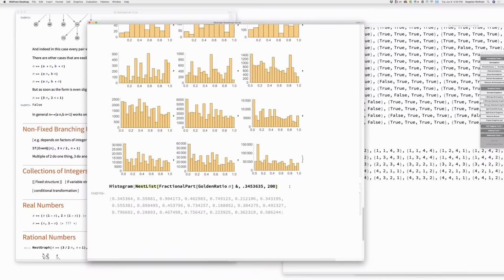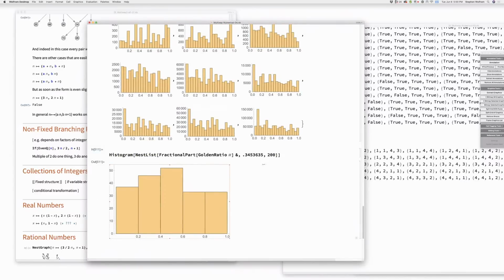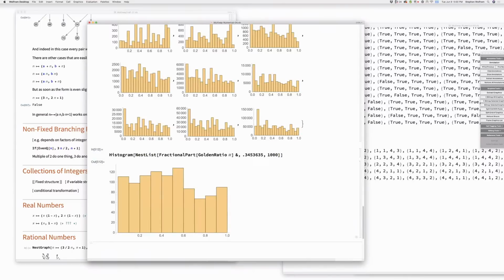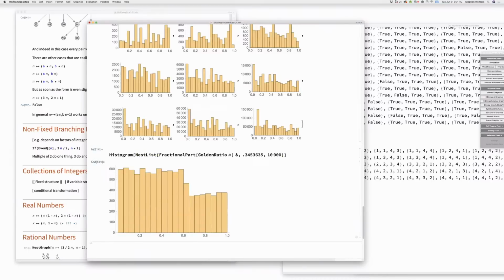Let me do 200 steps, for example, just to understand. Yeah, that will eventually become uniform. Let's do 1,000 steps. Definitely. Let's do 4,000 steps. Well, heck, I'm pretty sure it becomes uniform, and I don't understand that.